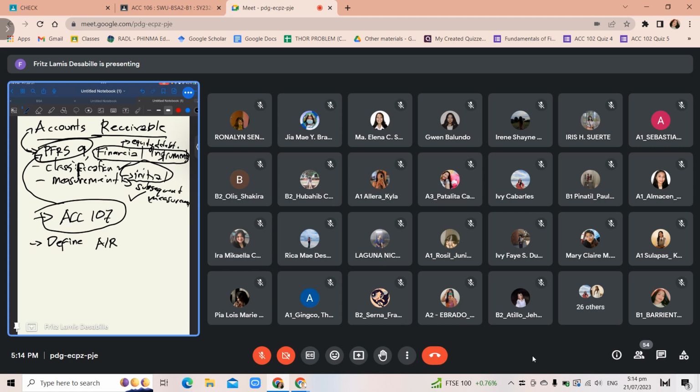Okay. Sige. So, accounts receivable, or sorry, receivables lang sa, kay daghan man og klase nga receivables. Define receivables. Natay daghan ni pang define later. So receivables in general is a financial asset, guys.